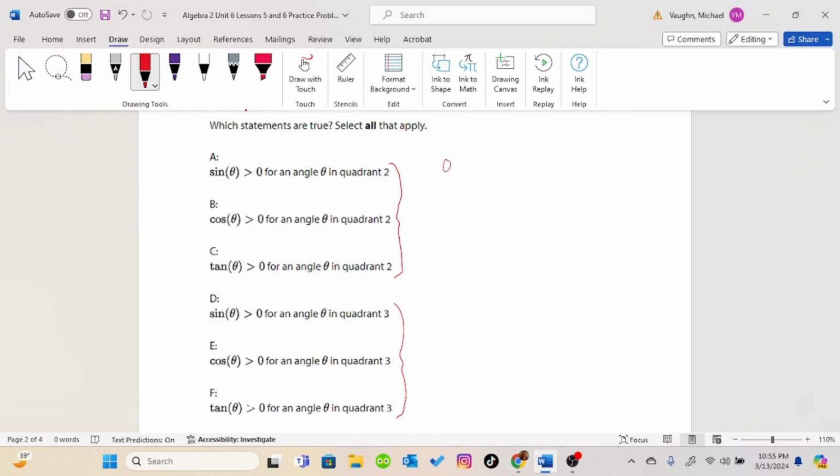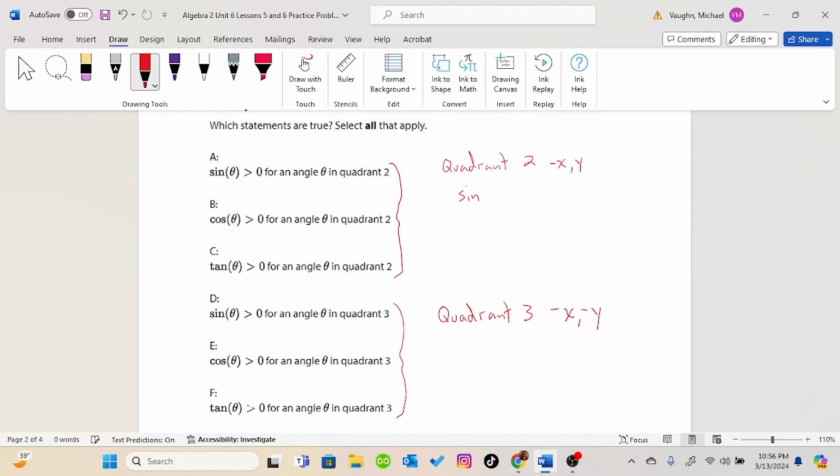So in quadrant 2, x is negative and y is positive. In quadrant 3, x is negative and y is negative.